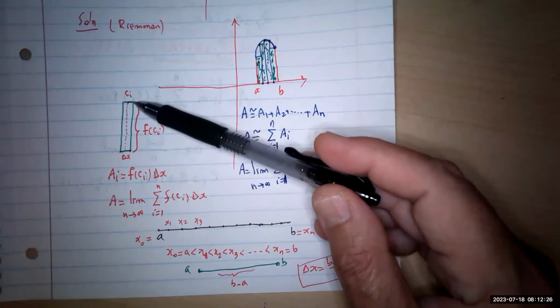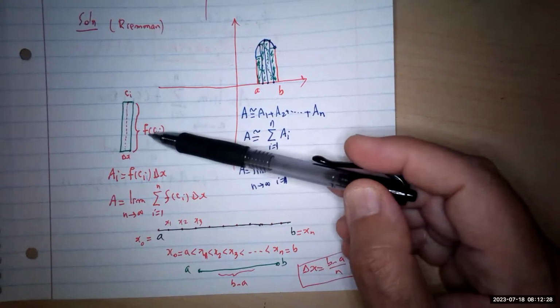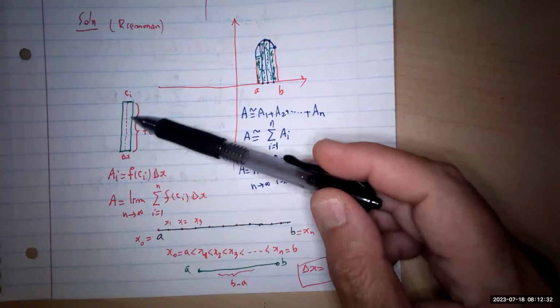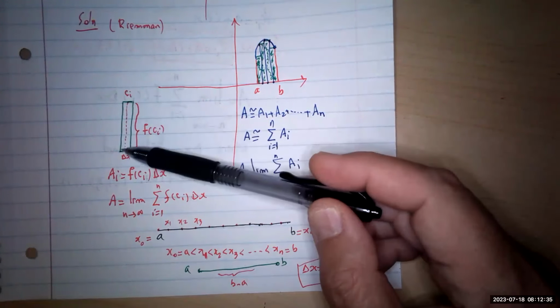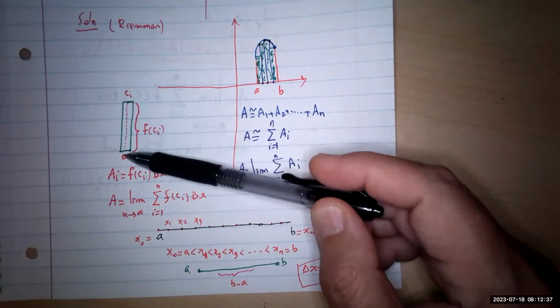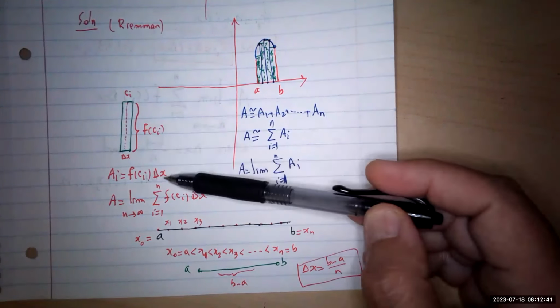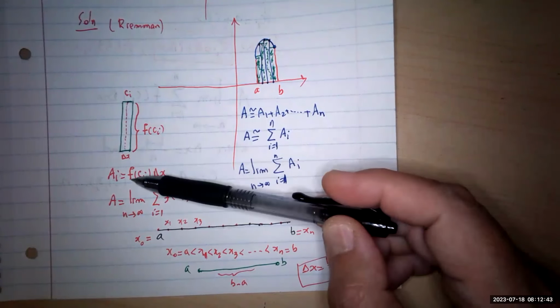So basically, this distance is going to be the value of a function at the point. You can pick any point you like inside these rectangles and find the y value, which is f of ci. So this is going to be the area of one rectangle.